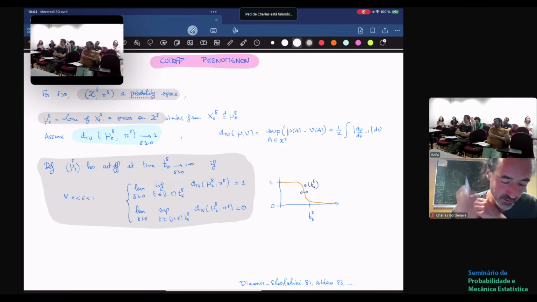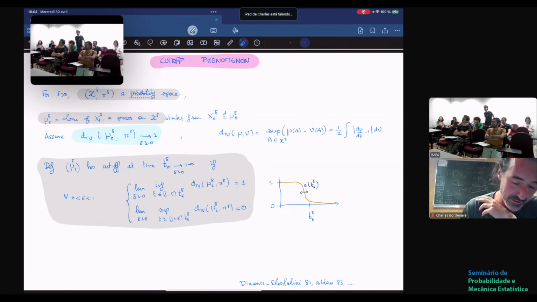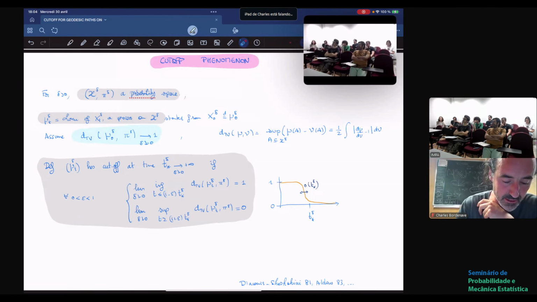You call mu_t delta the law of your process at time t. You start your process at time 0, and its law is mu_0 delta. The key assumption is that at time 0 you are very far from your equilibrium state: your starting measure mu_0 delta is as far as possible from the invariant measure.